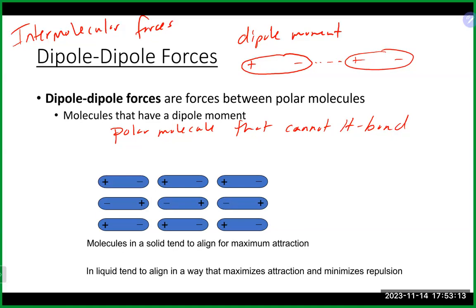So as they settle into a solid structure, the molecules keep moving around and vibrating until they find an acceptable arrangement that maximizes the attractive forces and minimizes the repulsive forces. Obviously, no matter what you do, if you cram together a bunch of polar molecules, you're always going to have a positive near a positive, a negative near a negative. But they'll keep wiggling around, if you will, until they maximize those attractive forces rather than those repulsive forces.